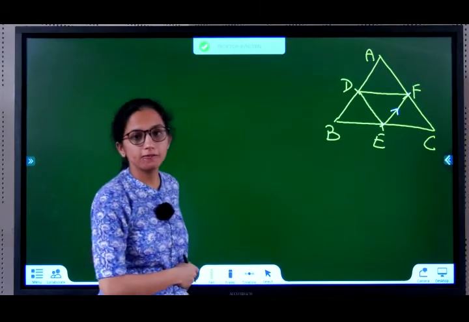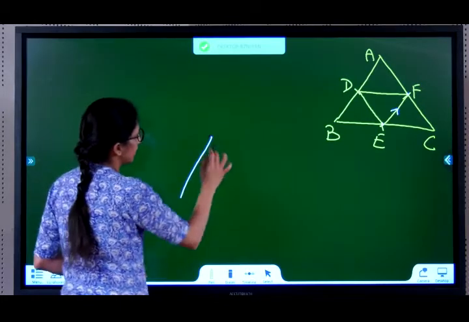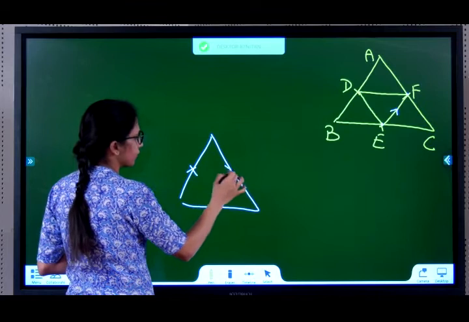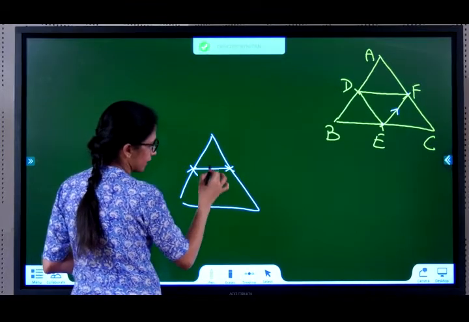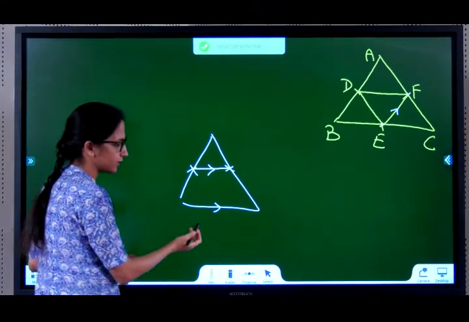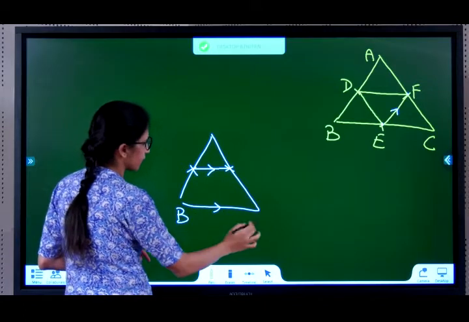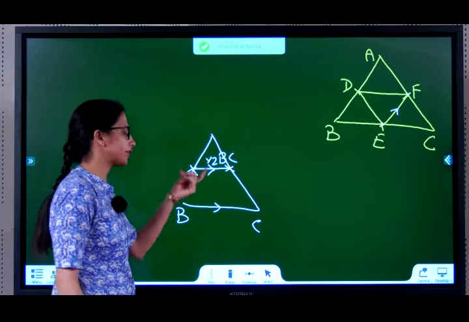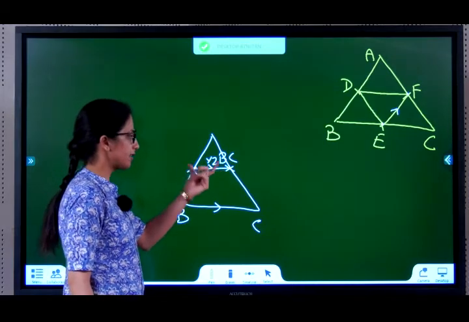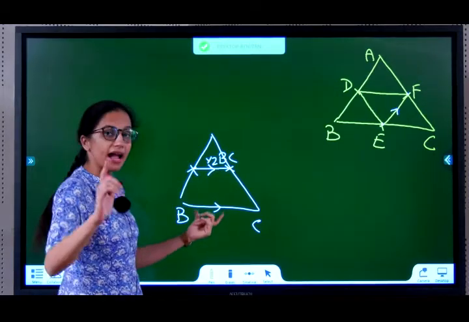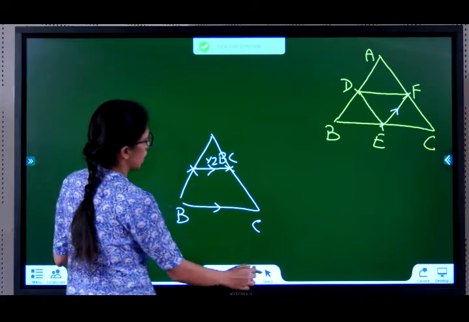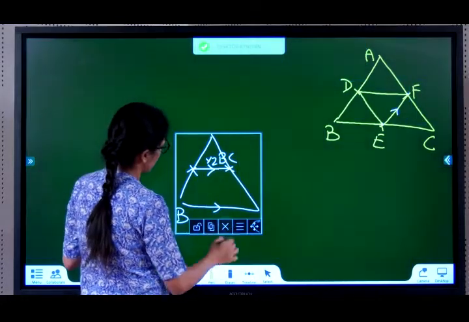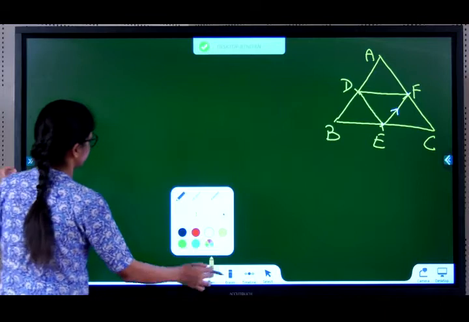We have learned that in the midpoint theorem. So if I take two midpoints and join them, this line becomes parallel to the third side, and whatever this length is, if this is BC, this is half BC. The line joining the midpoints of two sides of a triangle becomes parallel to the third side and is half of the third side. Okay, so let's do the proof.